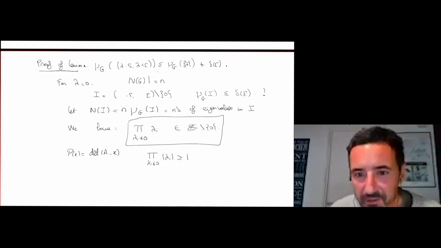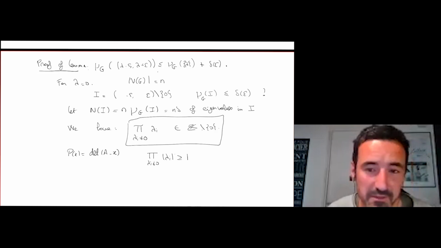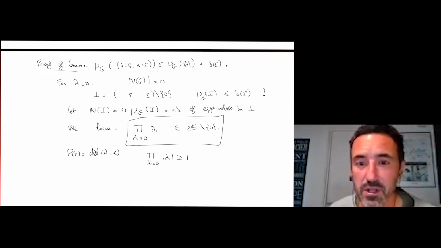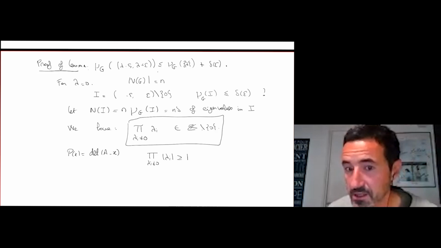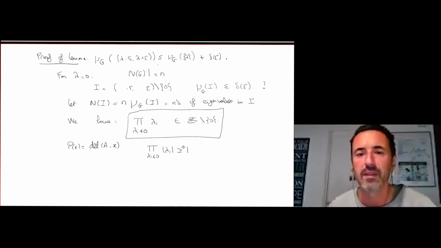So this is the fundamental reason that the proof works. This is the quantitative repulsion of the eigenvalues. If an eigenvalue is not 0, it cannot be too close to 0 because of this constraint to be integer valued.